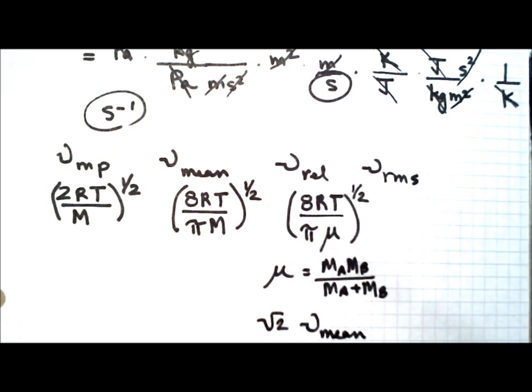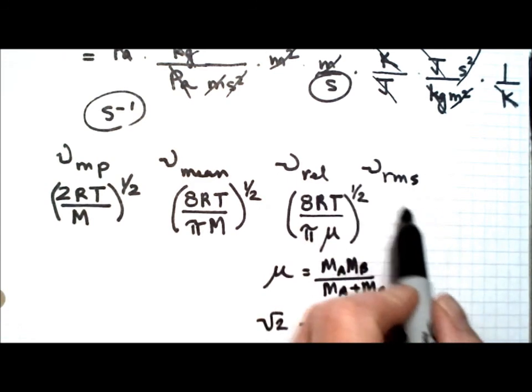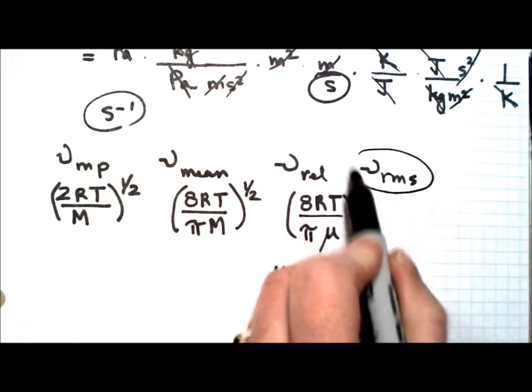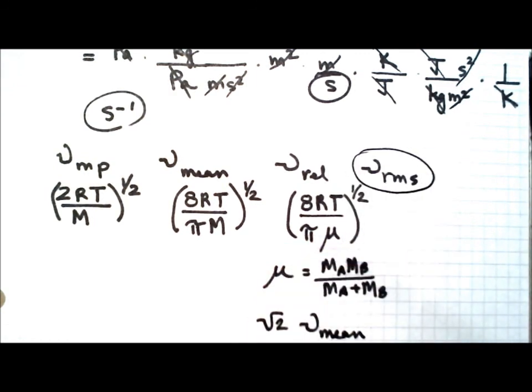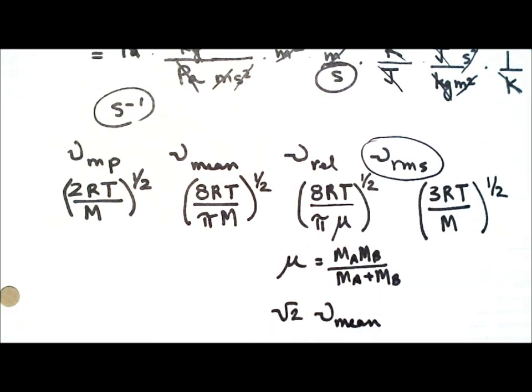I can't think of it off the top of my head. Darn. Yeah, so finally the root mean square speed right here is equal to 3RT over capital M.